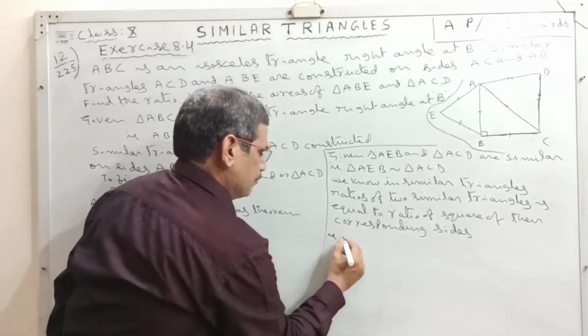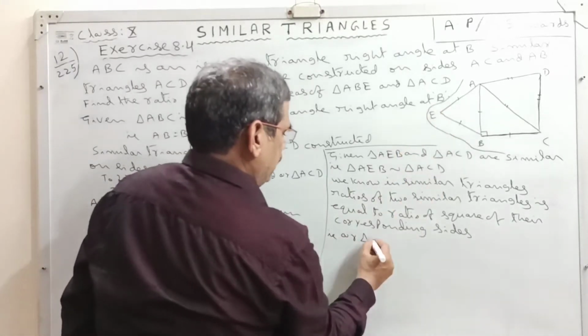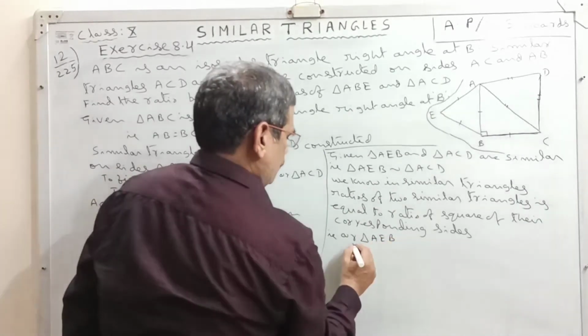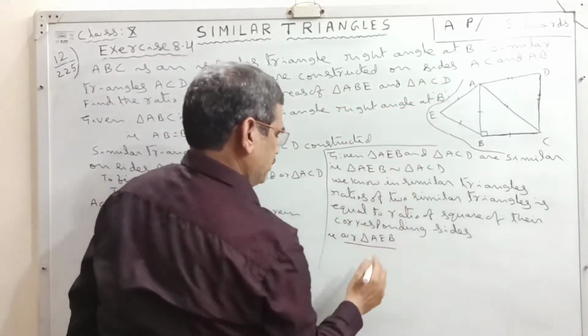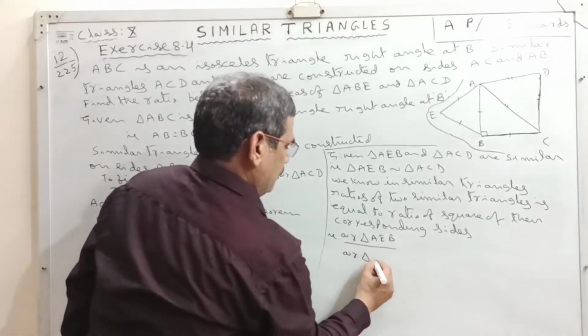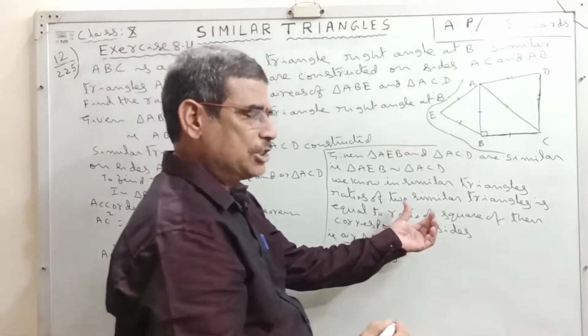Area of triangle AEB. Here the first triangle is ABE, the second triangle is ACD. So area of triangle AEB over area of triangle ACD is equal to the ratio of the squares of corresponding sides.